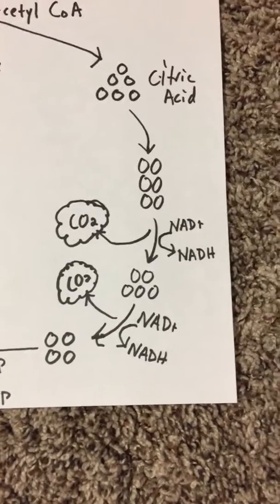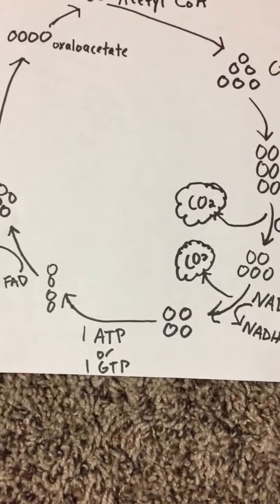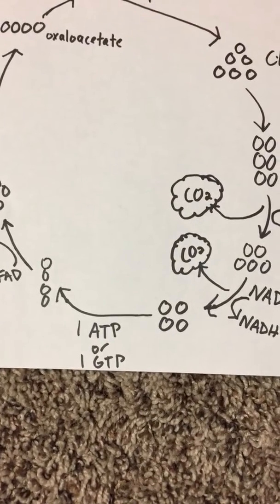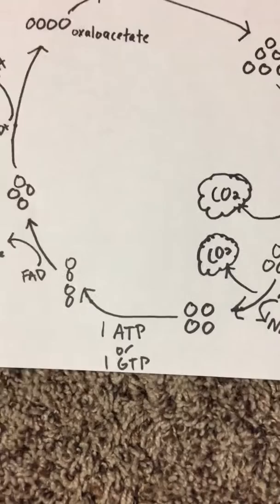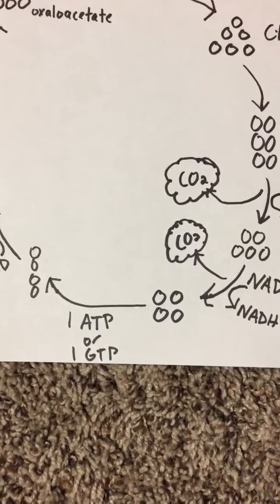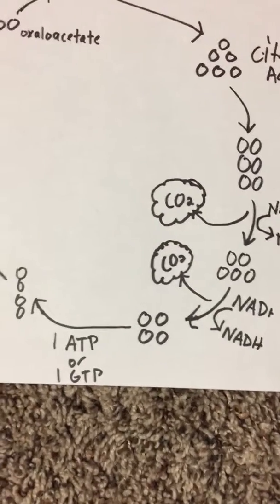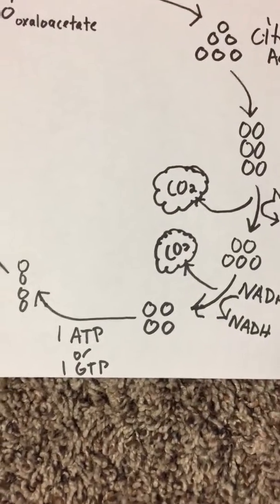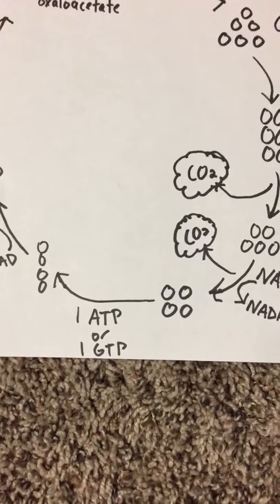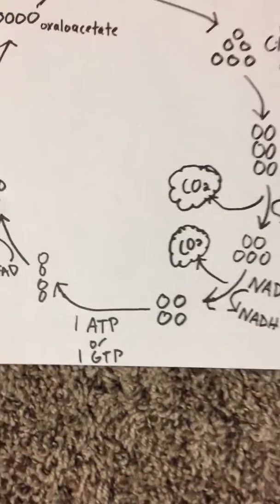Now we need another rearrangement. So the 4-carbon molecule is rearranged. During this arrangement, non-carbon groups are added to and removed from the molecule. And we are going to produce GTP, which is guanine triphosphate, or ATP, adenosine triphosphate.